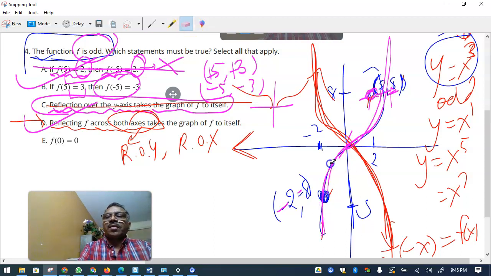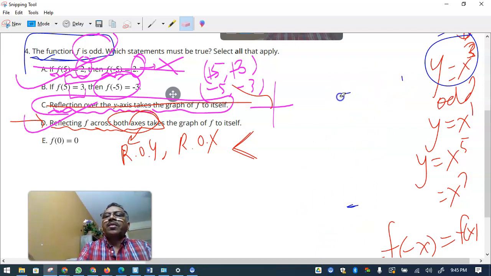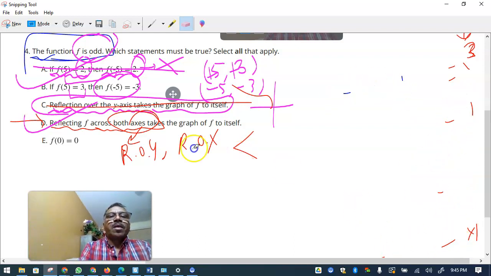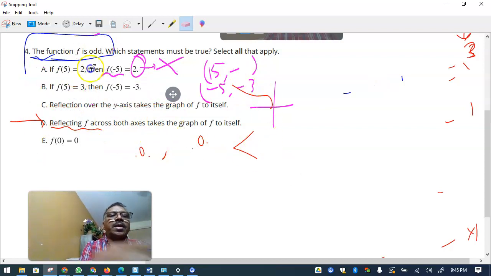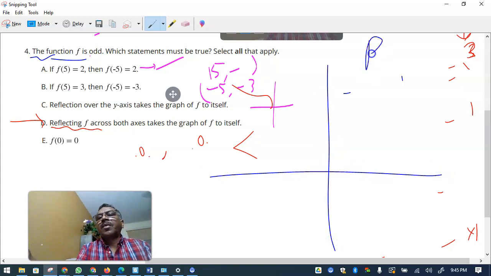But the last one is a little tricky. It says, what about f of 0? Do you think f of 0 is always true? The one that I showed you seems to be okay, but we could have a graph where it is not always true. Watch this graph, which is a reciprocal function.